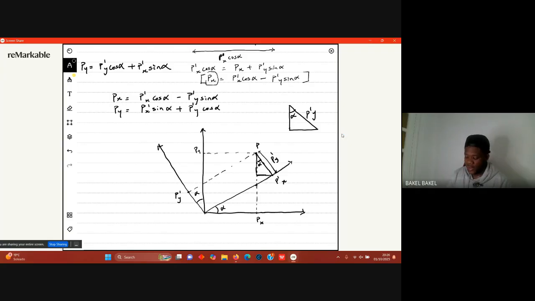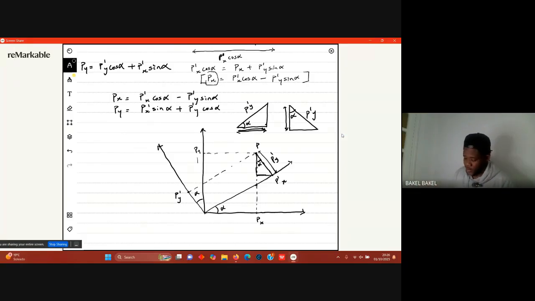What we are interested in is this height, because we are looking for the height now. This is the same as rotating the triangle like this, putting here alpha, putting here P prime y, and then looking for this point. It's the same thing, you're just maybe rotating it. It depends on how you want to see it.